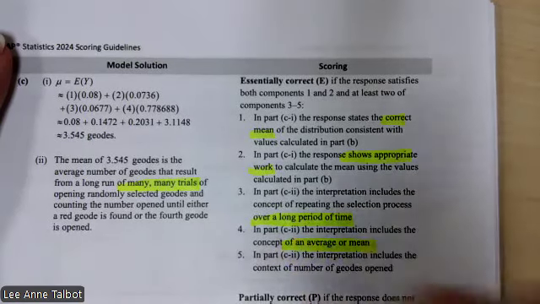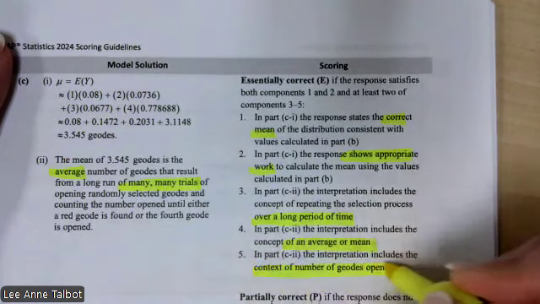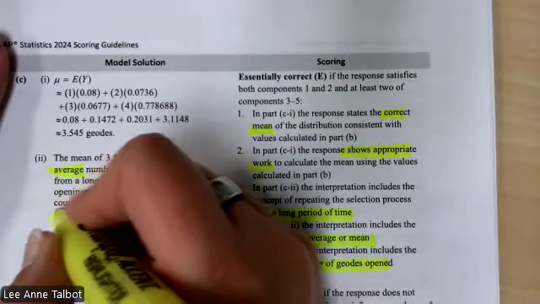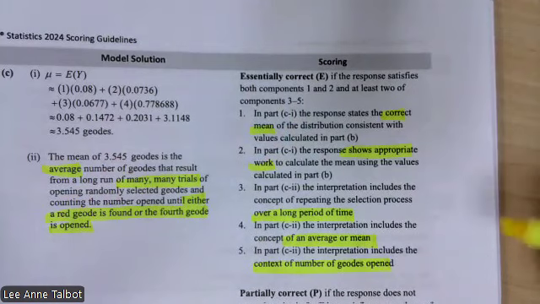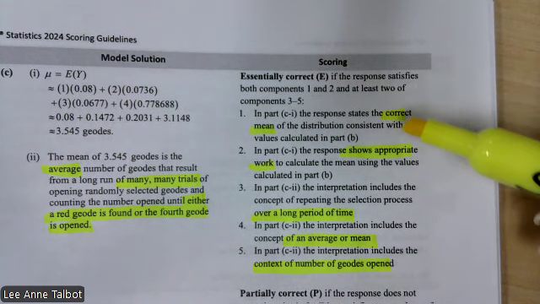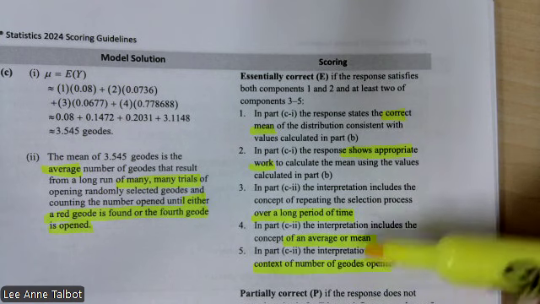Say something about an average. And then say something about the number of geodes opened. So saying until a red geode is found or the 4th is opened. So to get an E in this one, you have to have 1 and 2, and then you have to have 2 of these 3.